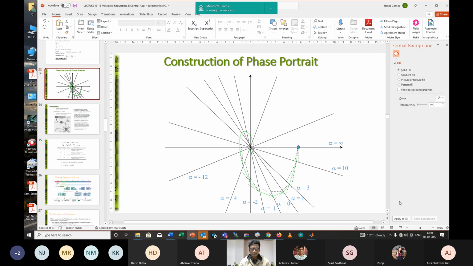So this was the last slide that we discussed in the previous lecture, and we went through the whole analysis of how these isoclines are drawn, and based on the shape of this phase plane portrait, we can decide whether or not a system is going to be stable or unstable, given the initial conditions that are used to simulate the model, right?